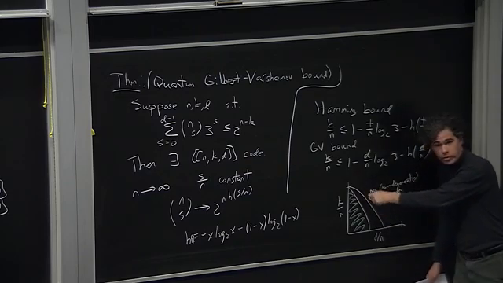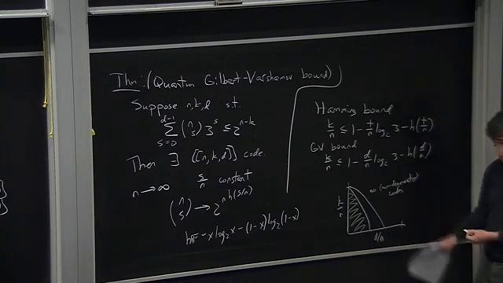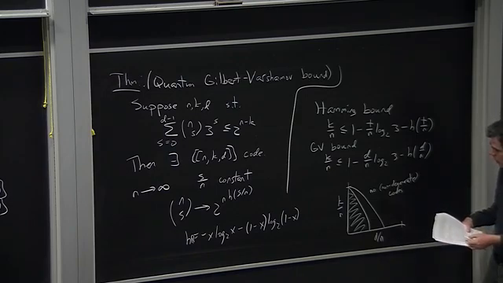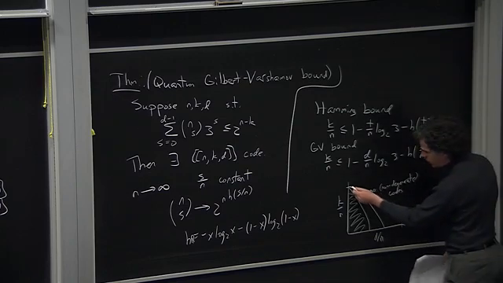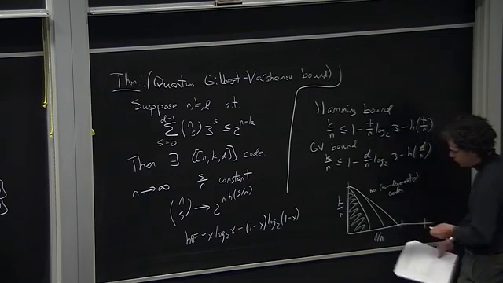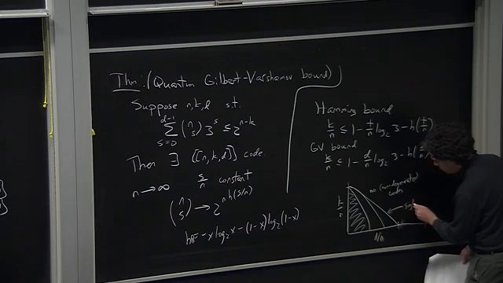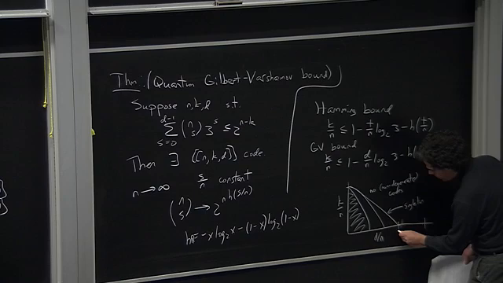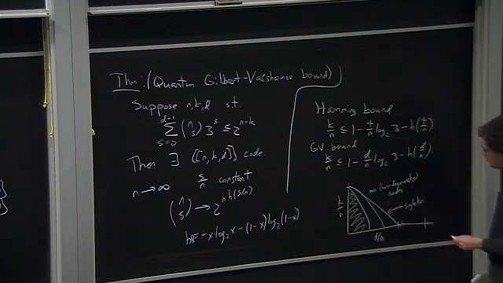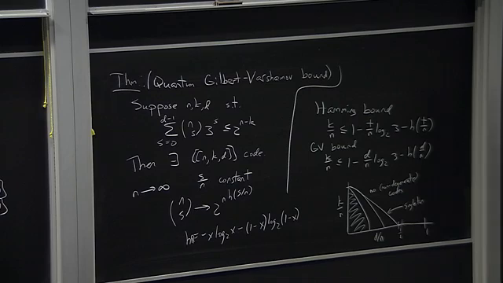And in here, you don't know. There are a few codes known in that regime, but not by this construction. And then the quantum Singleton bound is a line that's just worse. It goes to 0 at d equals half n. This is just to give you an idea of how these different things relate.